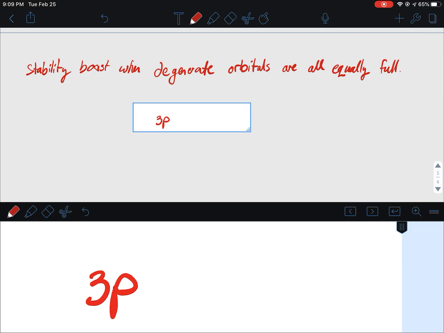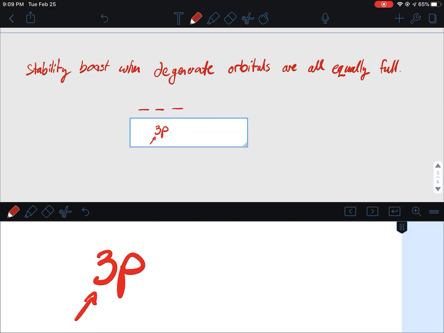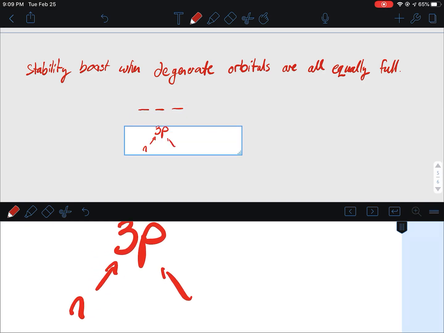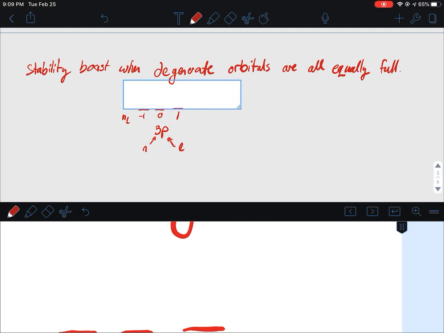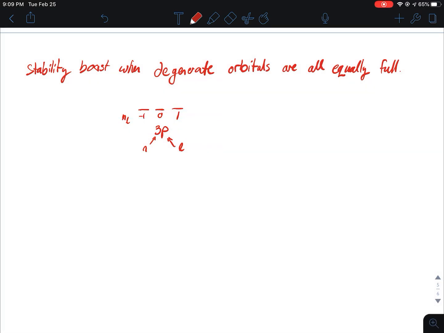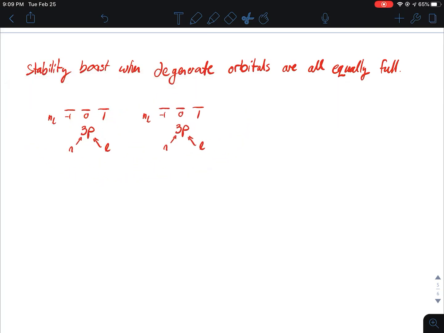So for example, if we did a 3p orbital, 1, 2, 3, there are 3 different ones, right? I want to keep reminding us of what's going on here. So here's your N, this is L, and then we have ML here, and there's -1, 0, and 1. And so we have this setup.